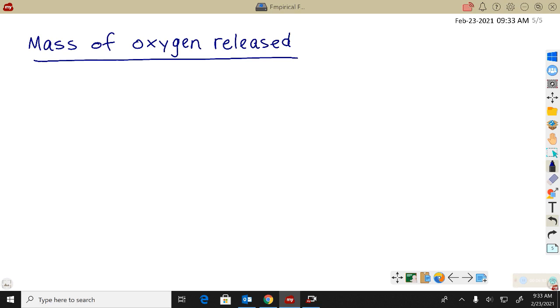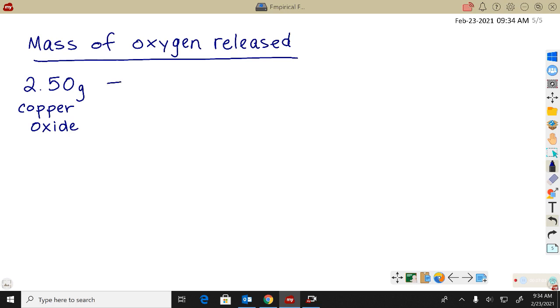But just like some of the sample problems in the book, we can figure out how much oxygen would have been released. I take my original sample. I started with 2.5 grams of copper oxide.